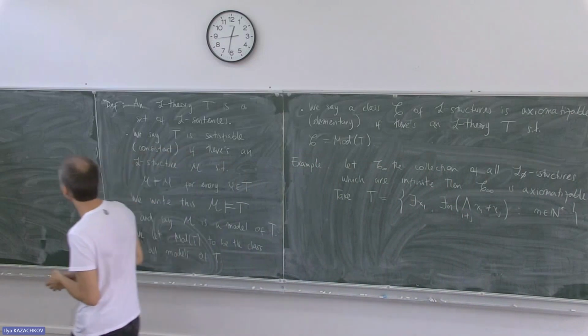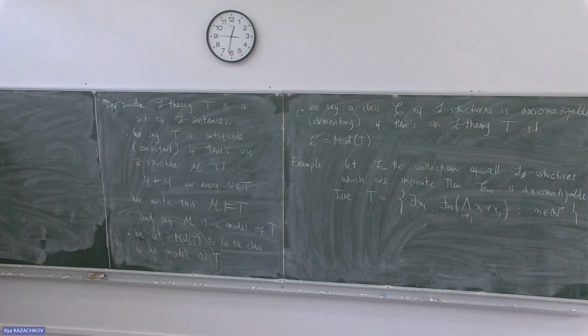Okay, so for example, the theory of groups in the language LG is just equal to the axioms you know for groups, right? This is saying that for every x, for every y, for every z, our operation is associative, right? We say that for every x, 1 times x equals x times 1 equals x, right?